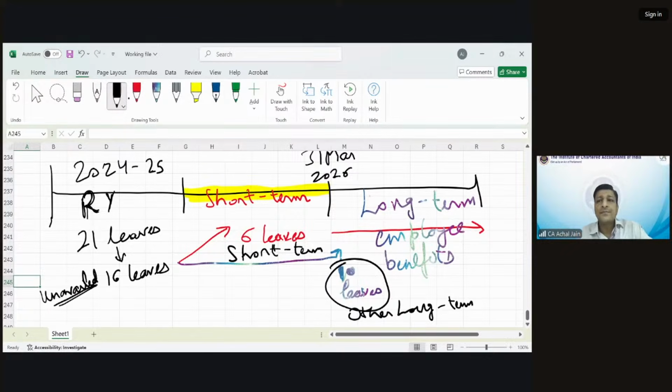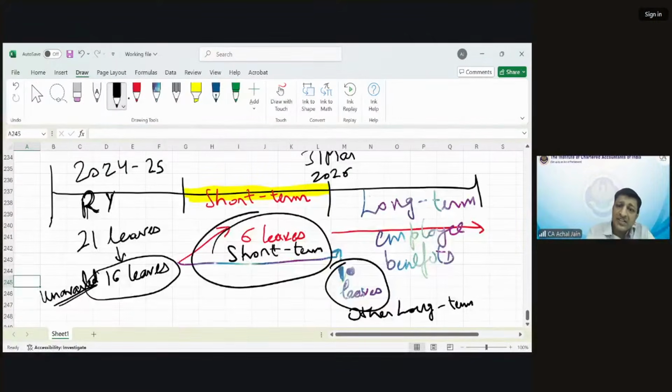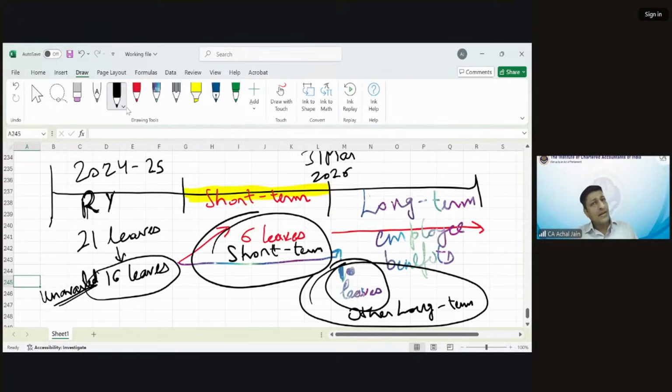So 16 will be recorded, no doubt, as a liability. But what is going to be the nature? So these 6 you will call as short term, these 10 you will call as other long term. Simple, easy to understand.